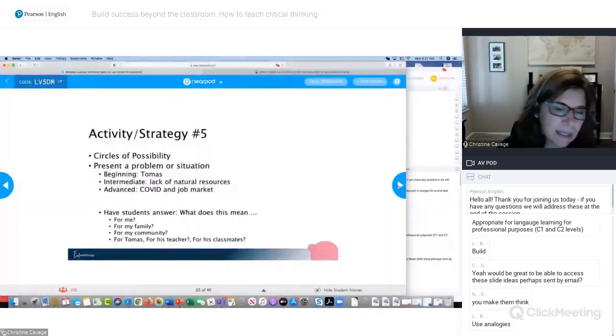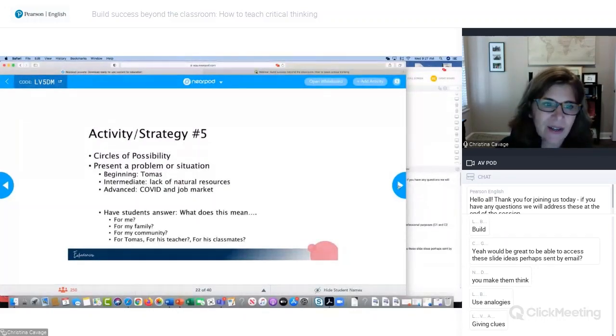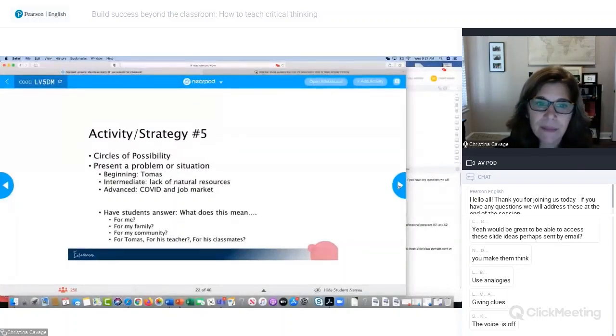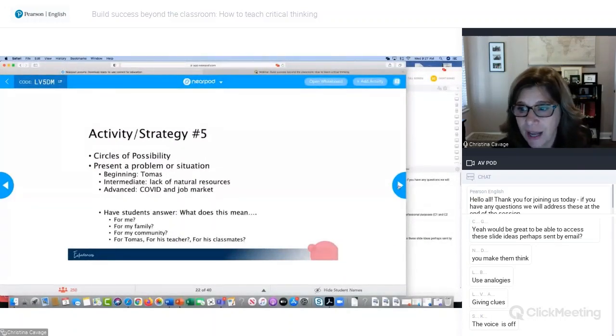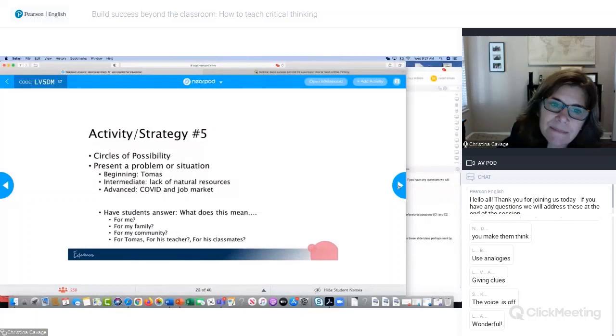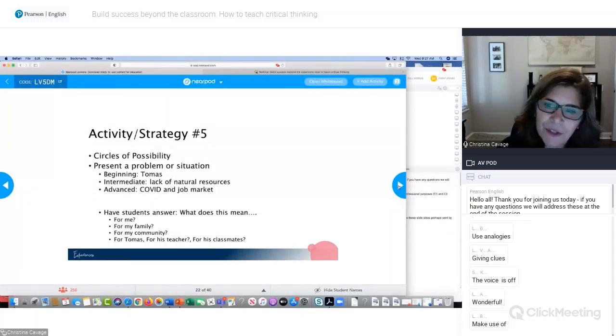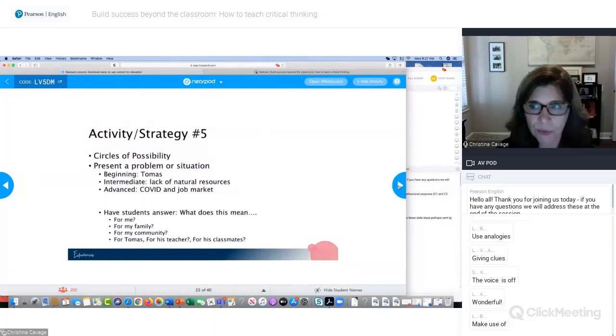Maybe at the intermediate level, I could have a problem related to the lack of natural resources. Or at the advanced level, maybe COVID and the job market. And again, lots of different things. You could have problems related to campus or the classroom or all kinds of things.